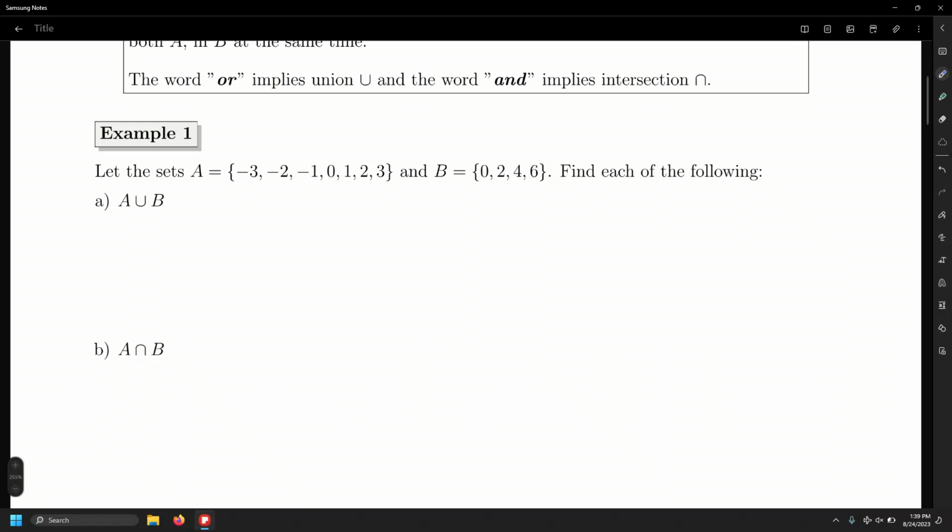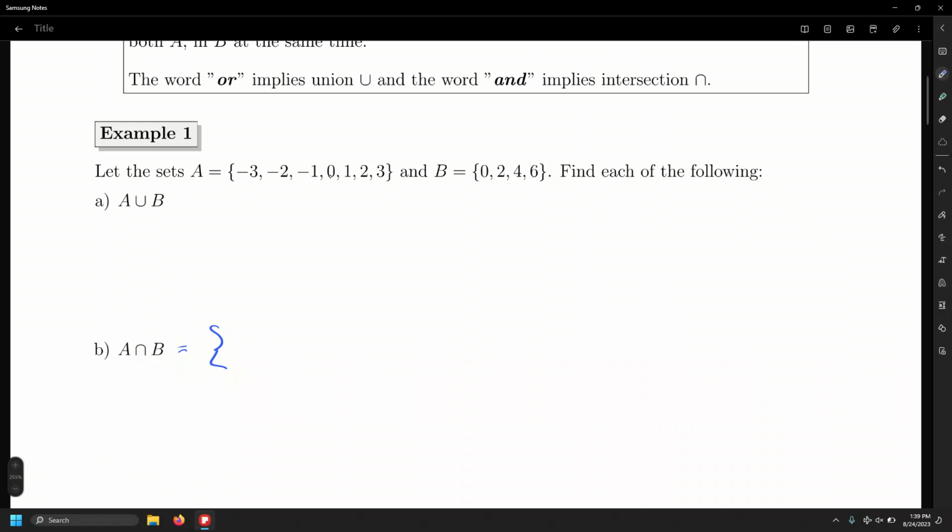All right, so let me open curly braces, that's the notation for it. And let's find out which numbers are in both, only the ones that are in both. Well, we can see -3 is in set A, but it's not in set B, so I'm not going to consider that element. The number -2 is not in set B either, and neither is -1.